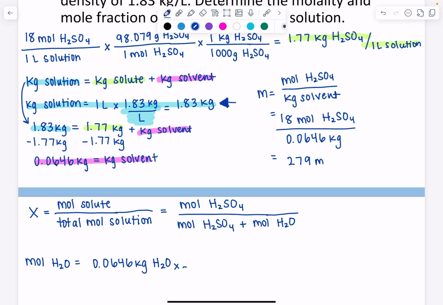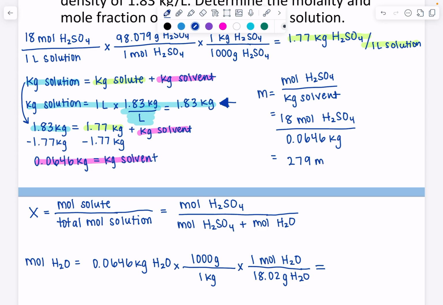Let's convert kilograms to grams and then grams to moles. All right, so if you calculate this, you should get 3.5837 moles of H2O.